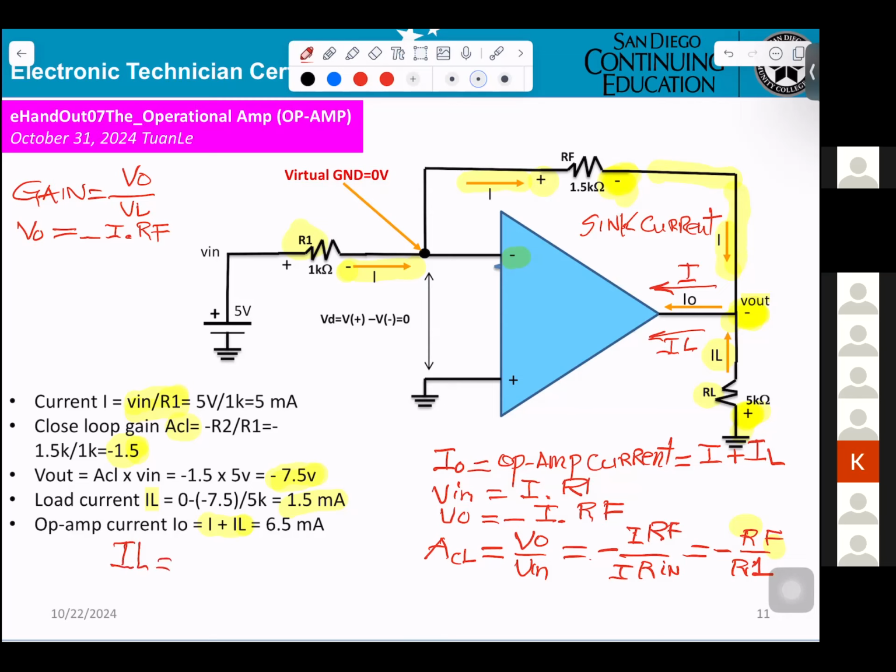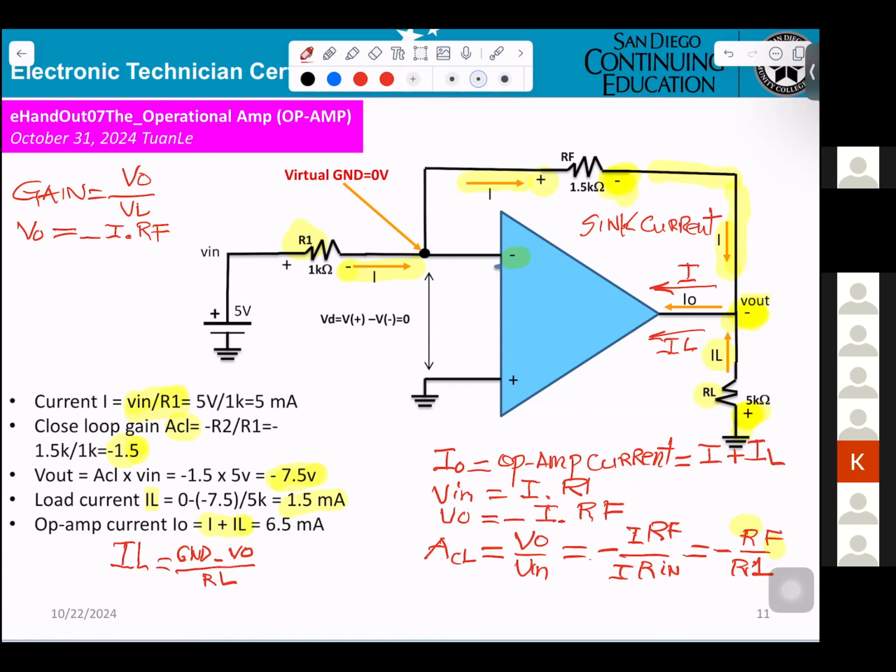Okay. That means the difference between RAW and VO, correct? Okay. Now you have to say RAW minus VO, divide IL.